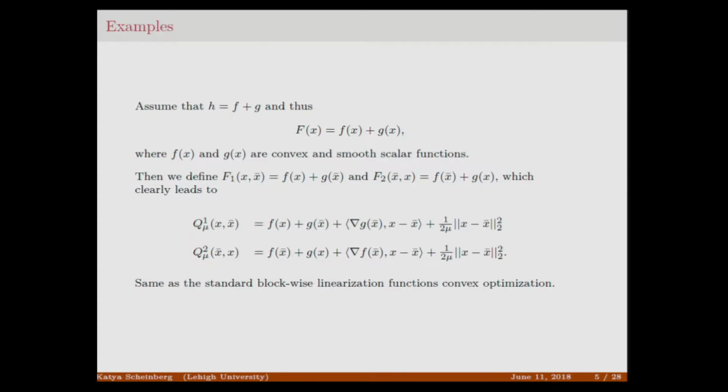So basically, you approximate the second function by a quadratic. Mu should be small enough so that the true g is over-approximated with the quadratic function, but f is kept as it is, and this gives you a nice over-approximation of the original function.